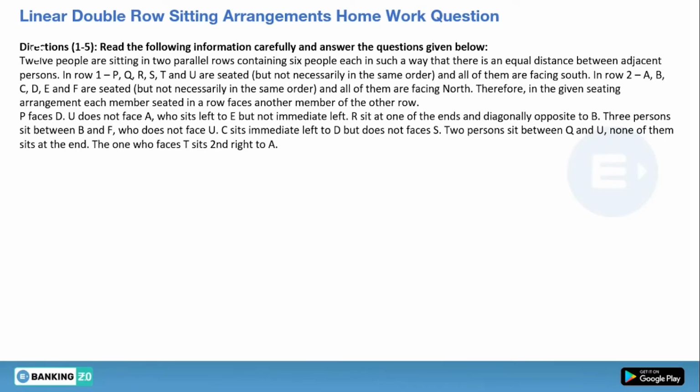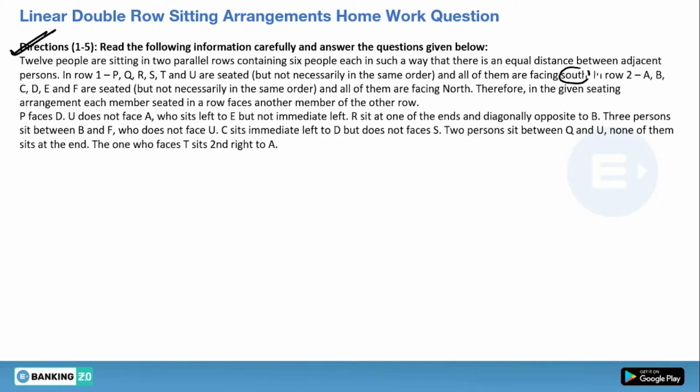Okay students, before solving this video's question, we will first discuss the previous video's homework question. The question is: 12 people are sitting in two parallel rows containing 6 people each, in such a way that there is equal distance between adjacent persons. In row 1, P, Q, R, S, T, U are seated but not necessarily in the same order, and all of them are facing south.